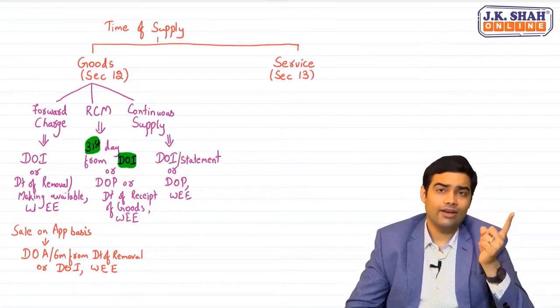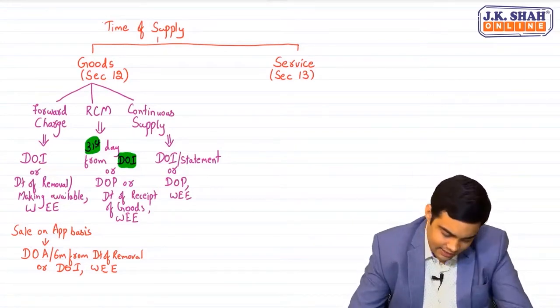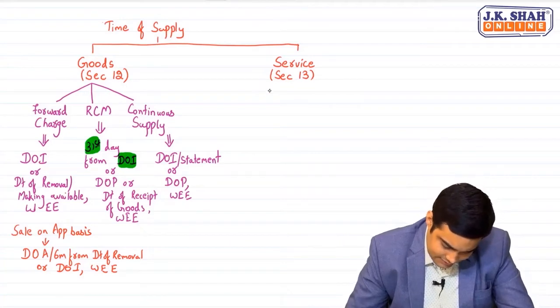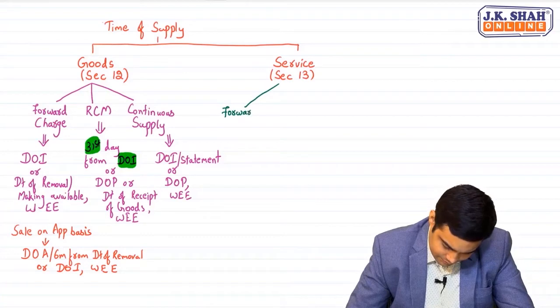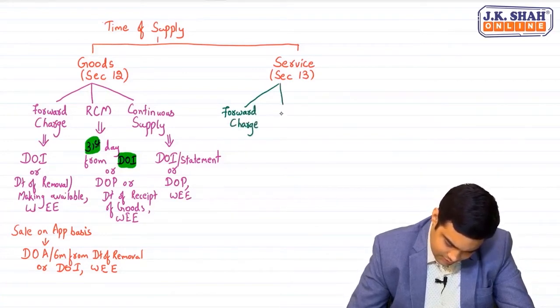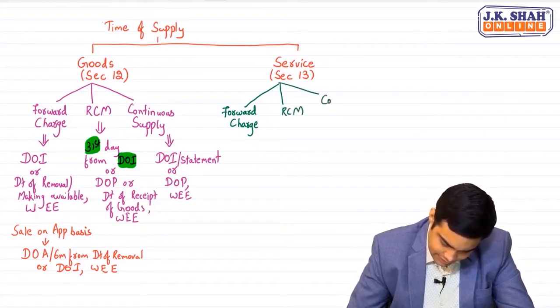Okay. When we come to service industry, again, there could be instances of forward charge, reverse charge, and last one is continuous supply.